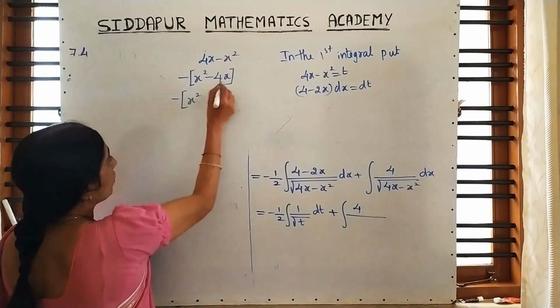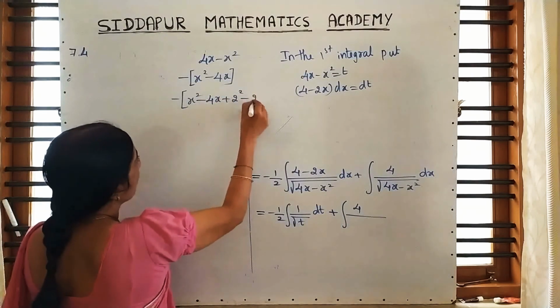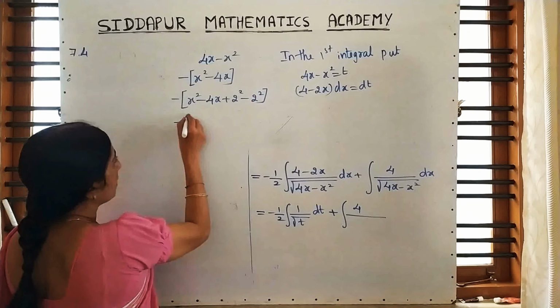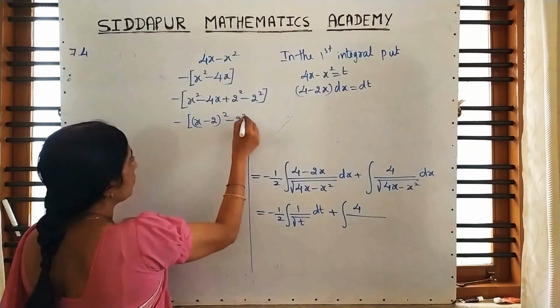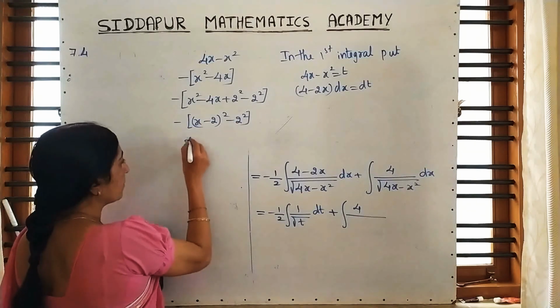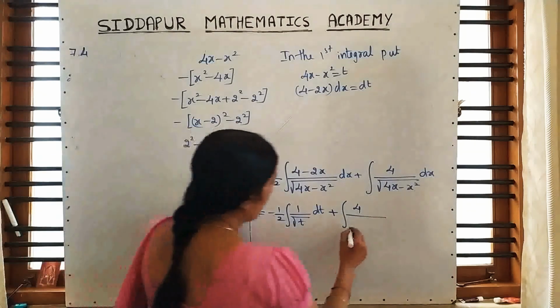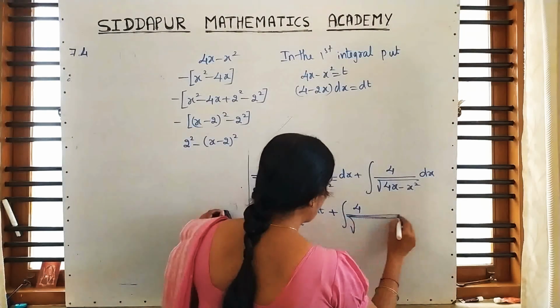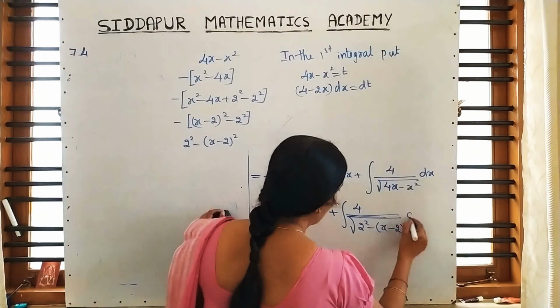Now the x coefficient is 4, half of that is 2, plus 2 square minus 2 square. It is x minus 2 whole square minus 2 square. Take minus inside. It is root of 2 square minus x minus 2 whole square.